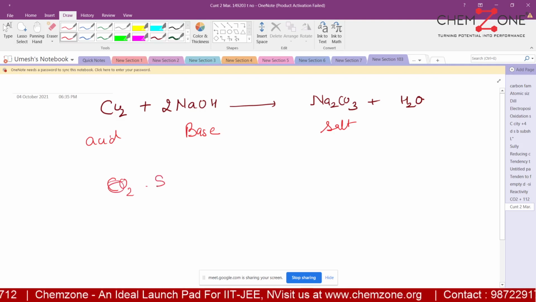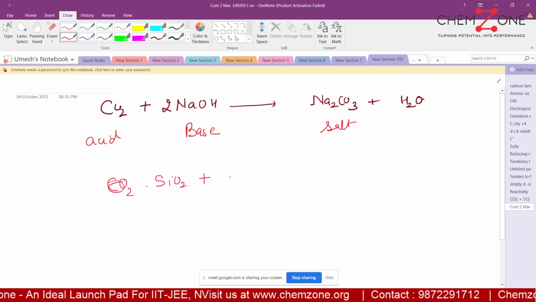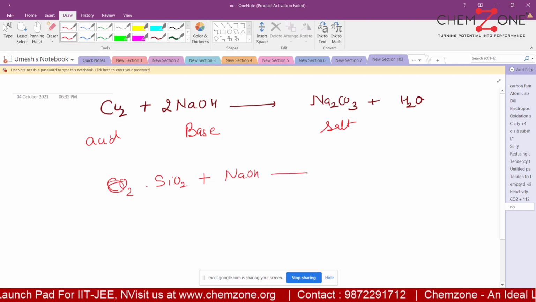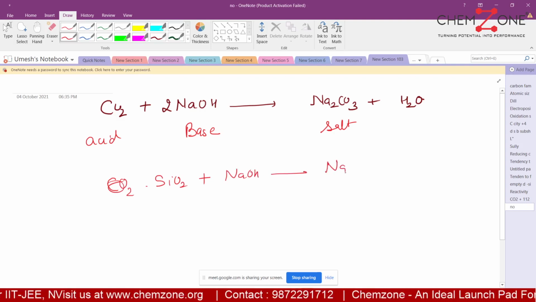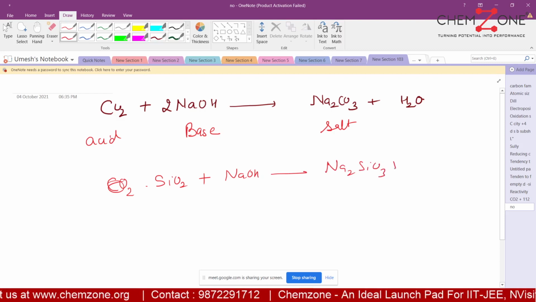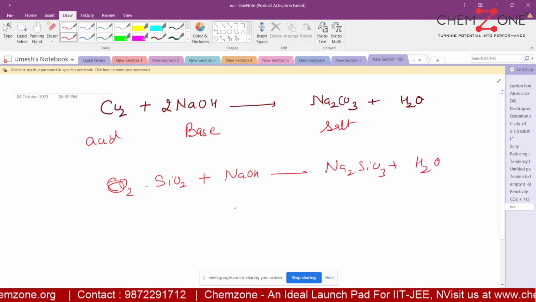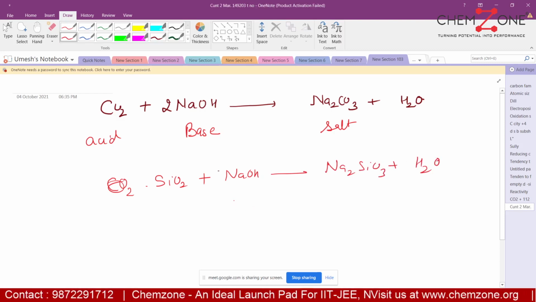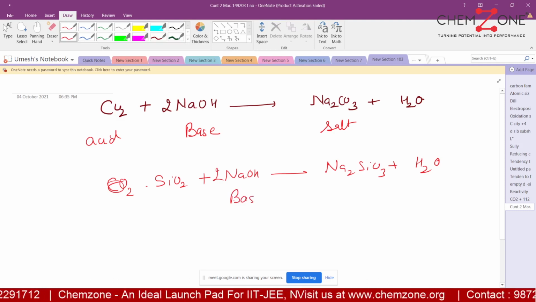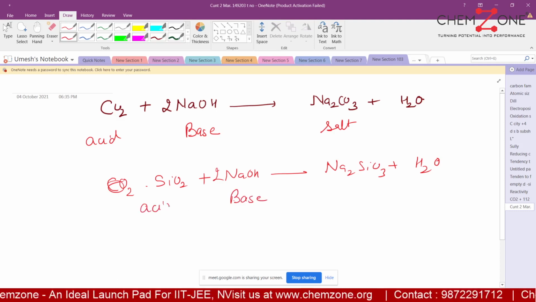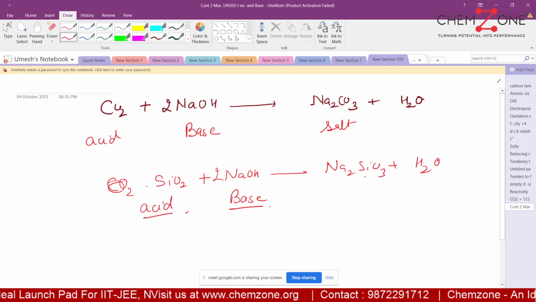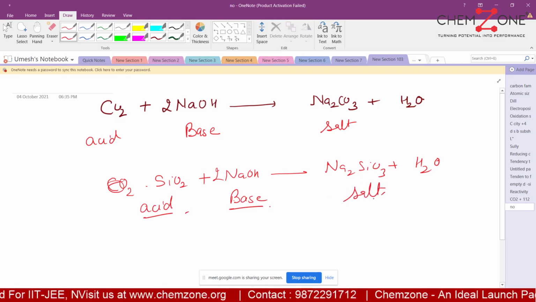Similarly, silicon dioxide when combined with a base forms Na2SiO3 plus water. It's a base, and this is an acid. So an acid and a base combine to form salt.